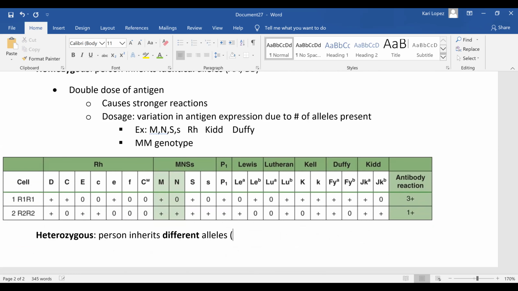And so in that case, it would be like AO or BO or AB.